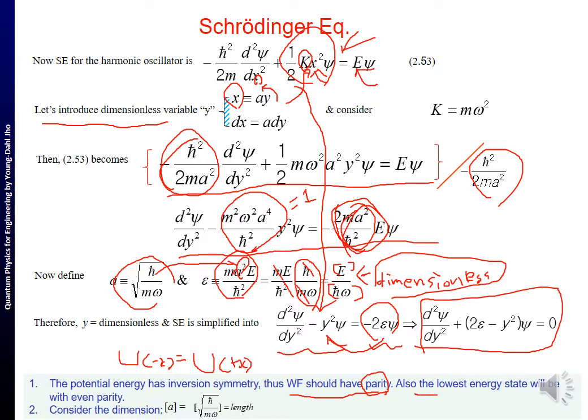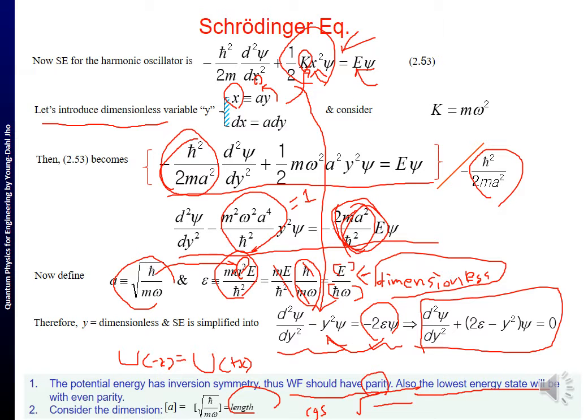And also the lowest energy state will be with even parity. We can consider that the dimension of a is actually equal to length. So please check it out yourself. In my case, I will consider the unit in CGS unit.